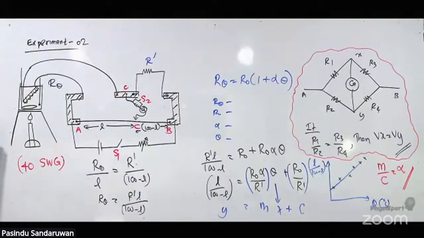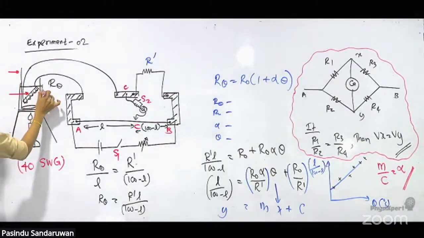Right. Label this as copper wire. Here, spiral. This one, thermometer.